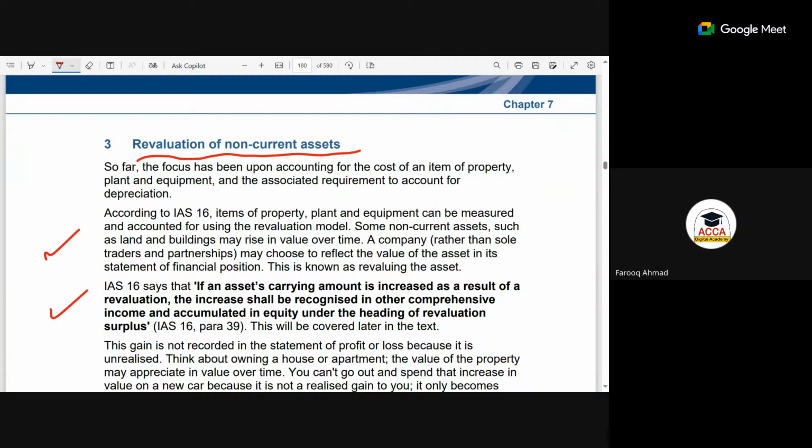According to the standard, if an asset's carrying amount is increased as a result of a revaluation, the increase shall be recognized in other comprehensive income and accumulated in equity under the heading of revaluation surplus. So this is the way of the treatment.